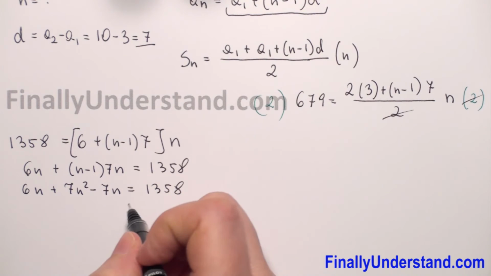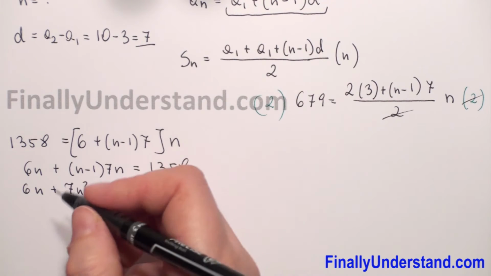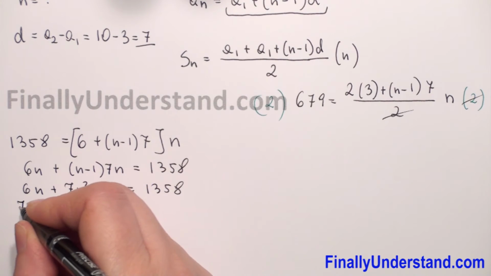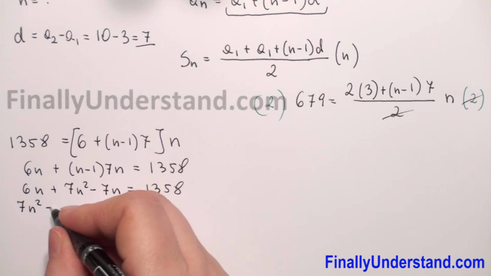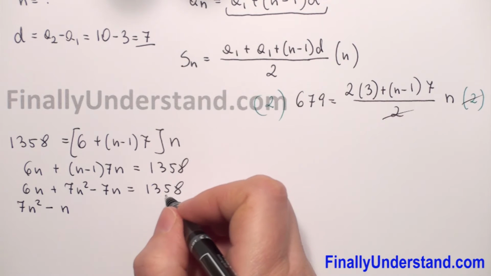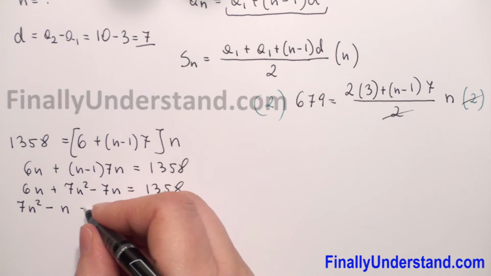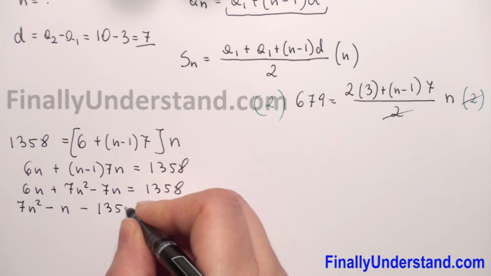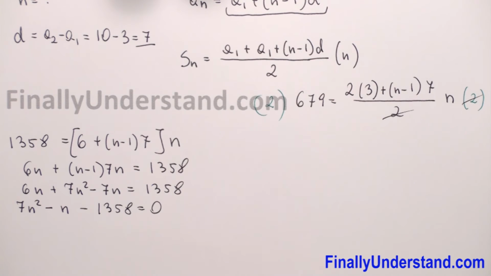So we will have here a quadratic equation. We will start to write this quadratic equation from the highest power. So 7n squared, 6n minus 7n is negative n, and I will move 1358 to the left, so it will be negative 1358 equal to 0. We have a quadratic equation.